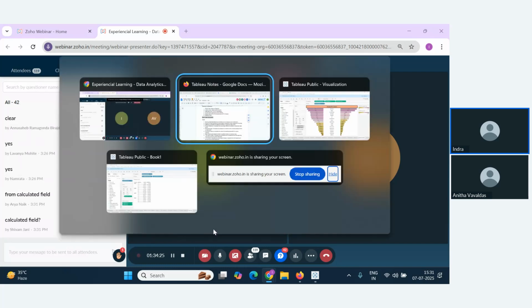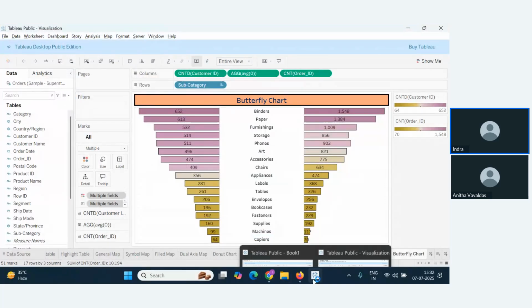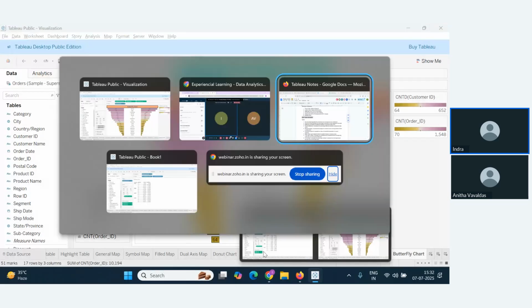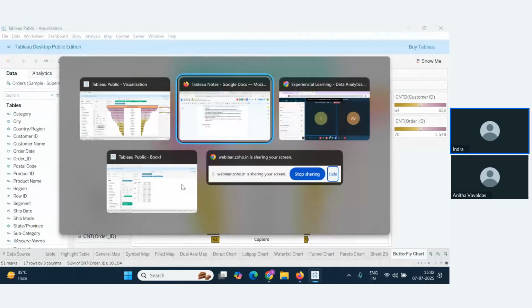From calculation fields, from calculated fields. Okay. So let's say I want to calculate profit ratio. So how can I calculate it? Can somebody tell me?